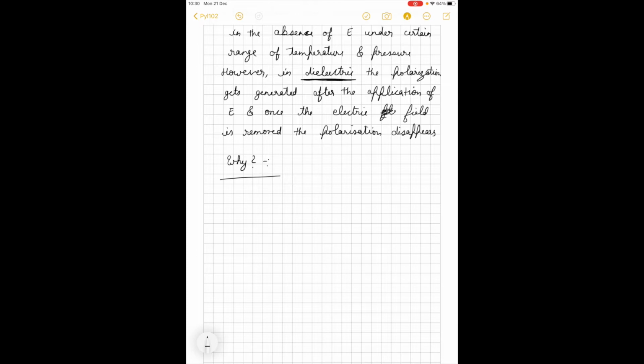The ferroelectric materials have a crystal structure that doesn't have an inversion symmetry. Okay, so I'll also recall what I mean by inversion symmetry. So, crystal structure without inversion symmetry.